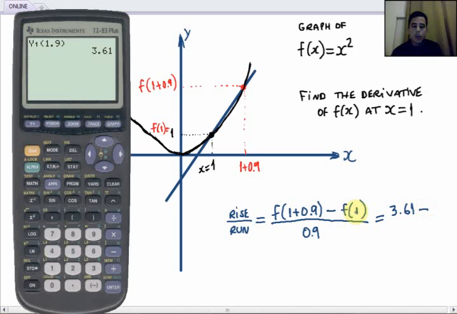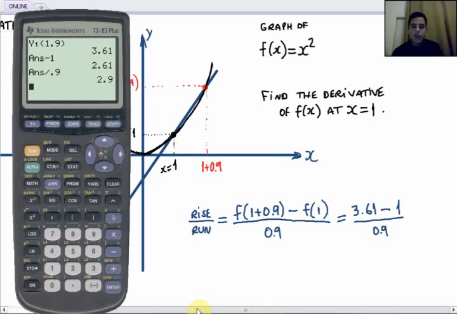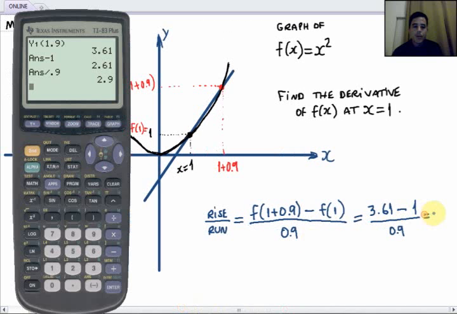Minus, if I plug in 1, it will be 1 squared, that's 1. And this is 0.9. So subtract 1 and then divide by 0.9. So this number here is 2.9. That's the slope of this line here, the secant line.